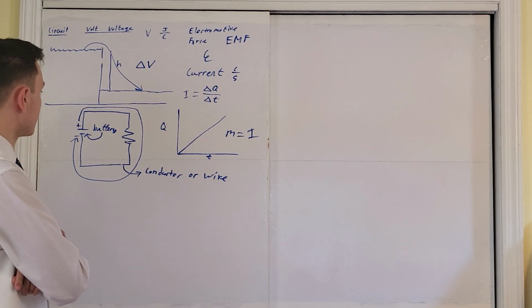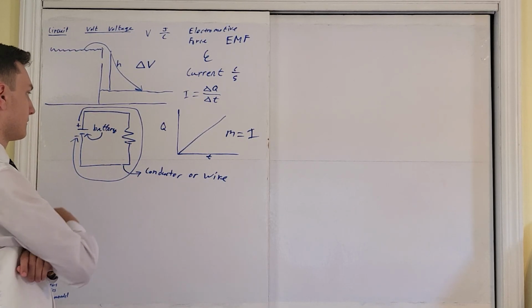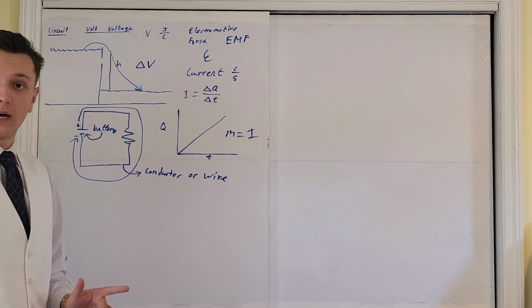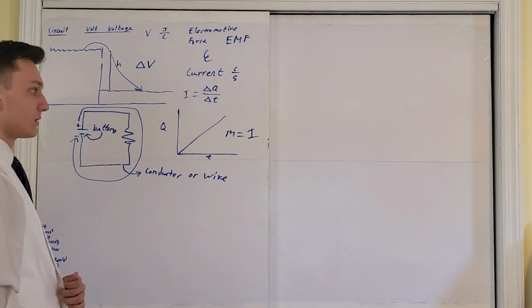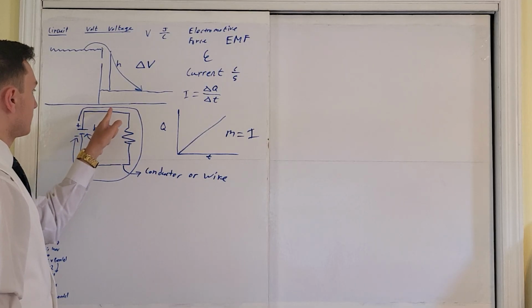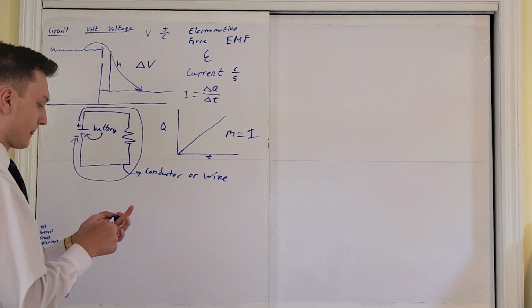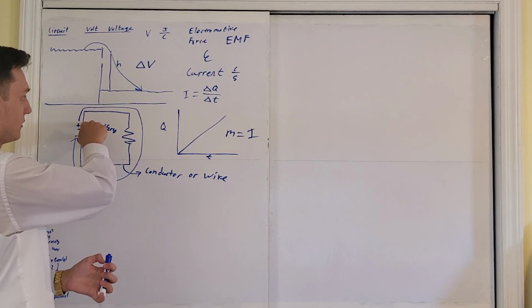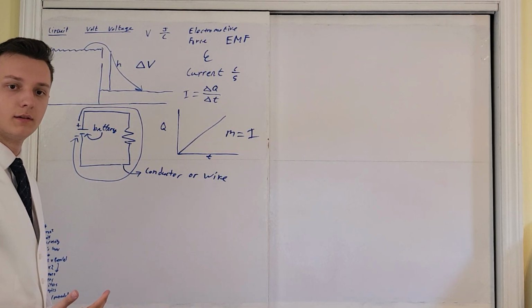Why is that? Because even though we are saying that current flows from positive to negative, positive charges are not moving, okay? Electrons are moving. So if positive current flows from positive to negative, it means that positive charge flows from positive to negative, but positive charge isn't moving.